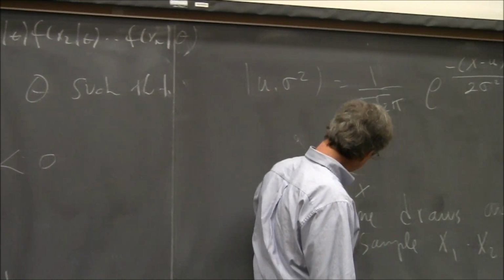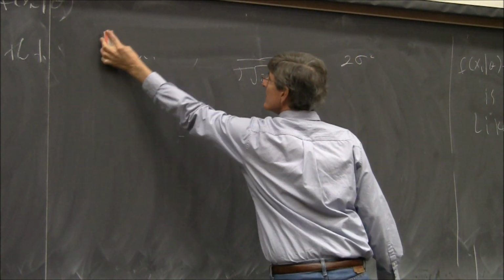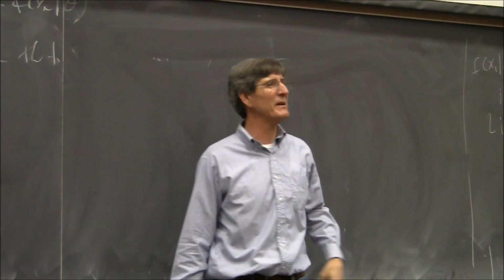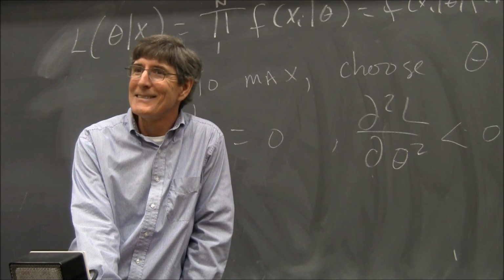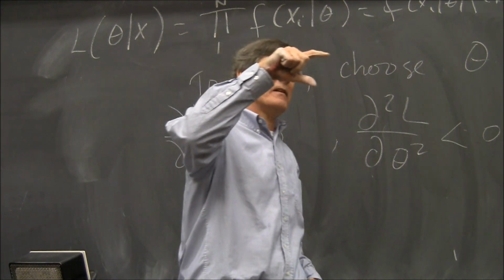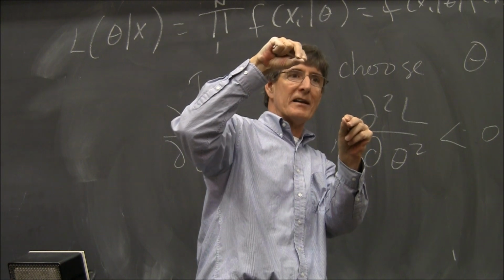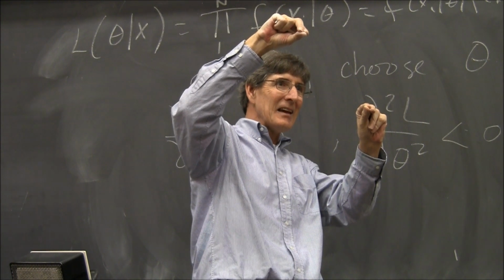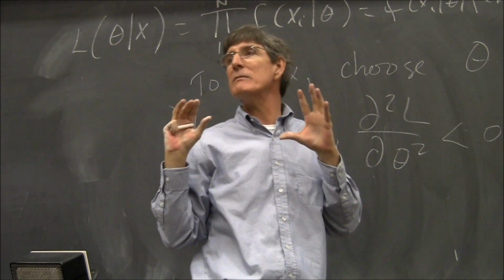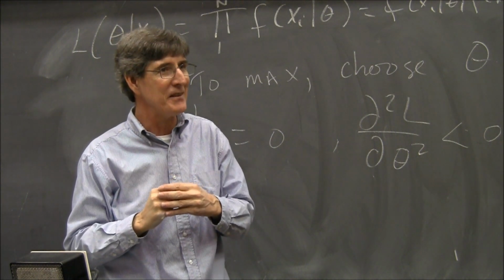All right, one more thing. You know what a monotonic transformation is? That's a transformation that preserves order. If x2 is bigger than x1, and I do a monotonic transformation, x2 is still bigger than x1. It turns out that maximization problems are invariant to a monotonic transformation.